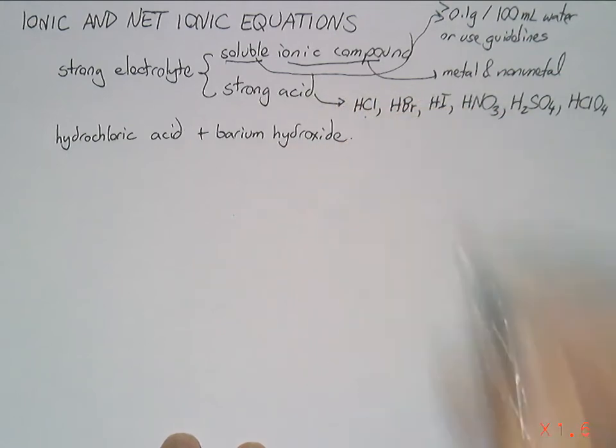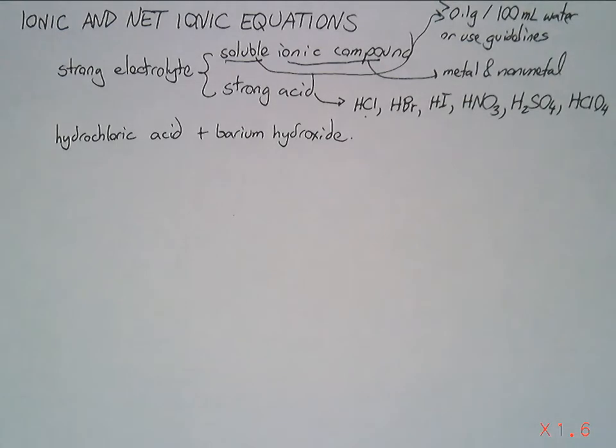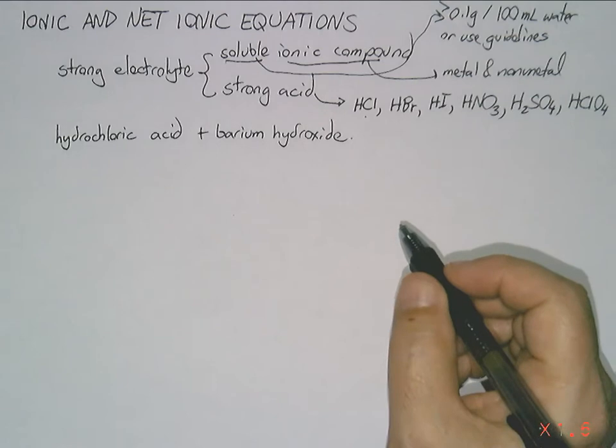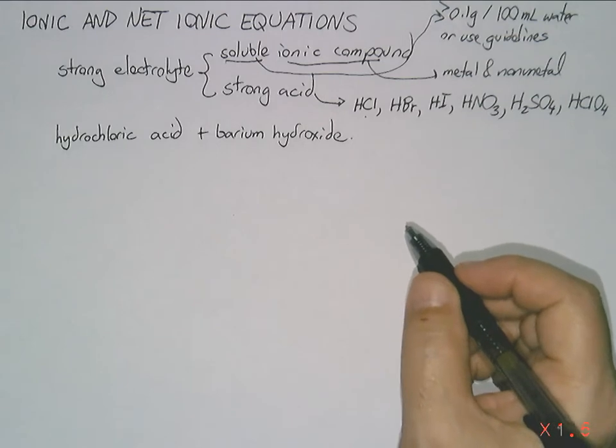And I tell you, I want you to write a balanced equation for the reaction between those two things. And I want you to write an equation in terms of the ions that are present. Let's do that. Okay, we had a 5-step procedure in the last video for writing down equations for things.